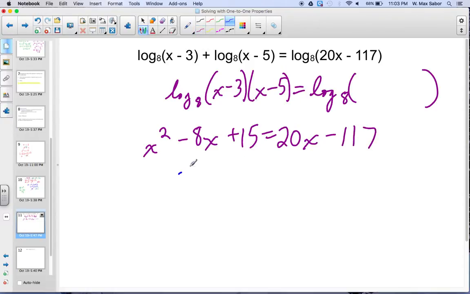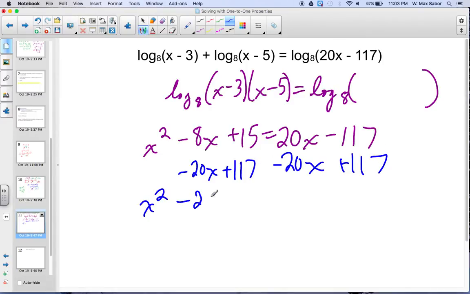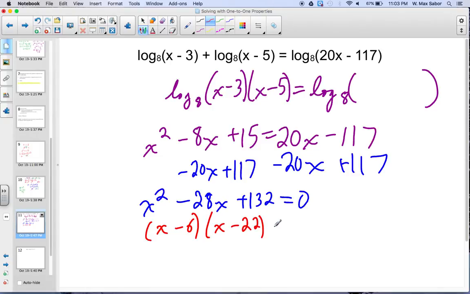Get everything on the same side. So we have x squared minus 28x plus 132 equals 0. We have x minus 6, x minus 22. So 6 and 22 are our potential solutions.